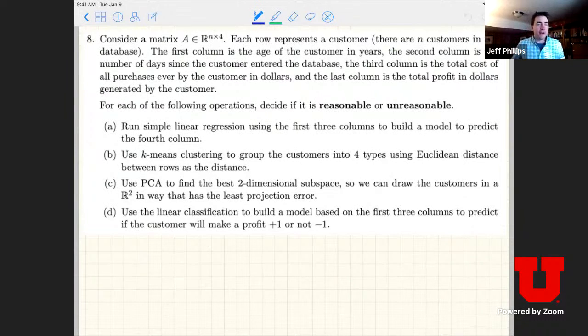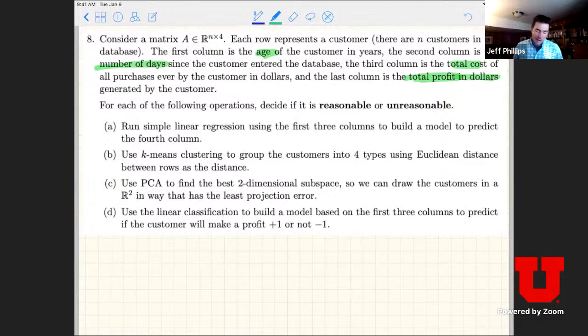Consider a matrix n by 4, and each row represents a customer. There are n customers in the database. The first column is the age. The second column is the number of days since the customer entered the database. The third column is the total cost of all purchases, and the last column is the total profits in dollars by the customer.